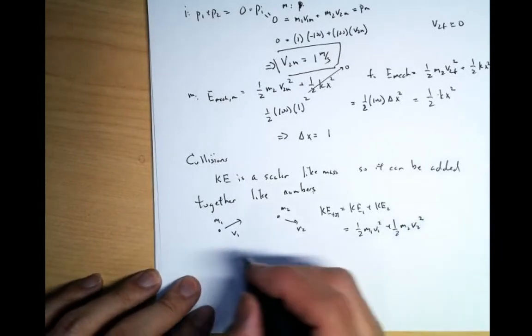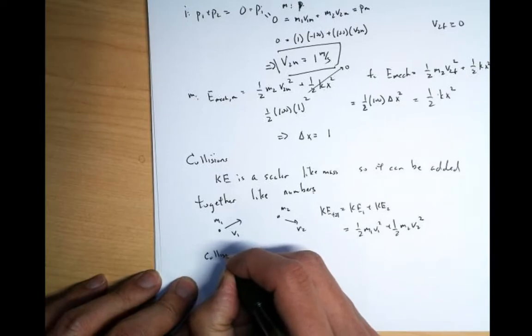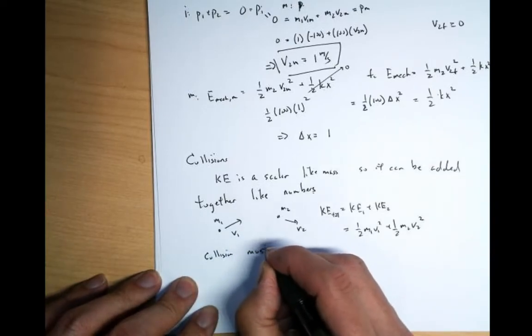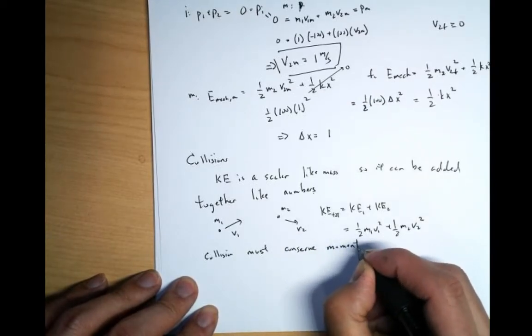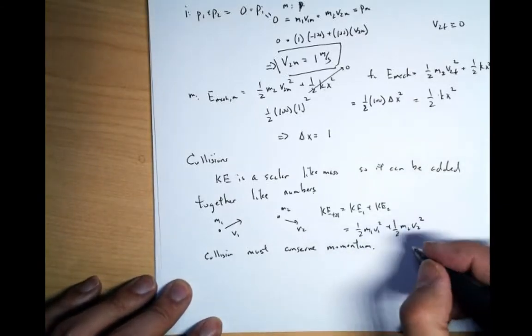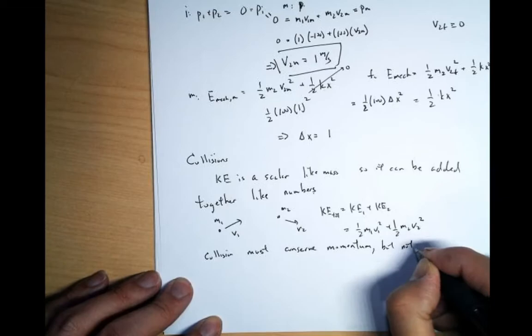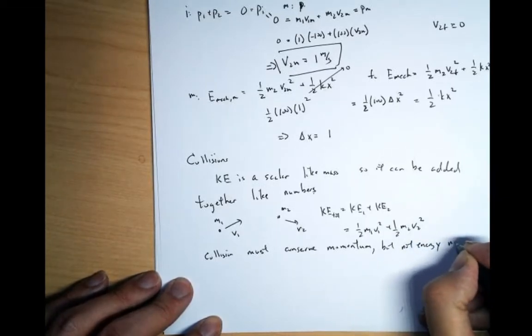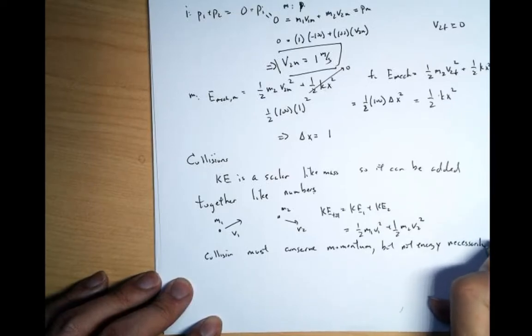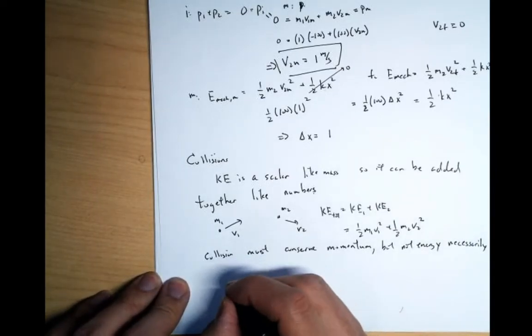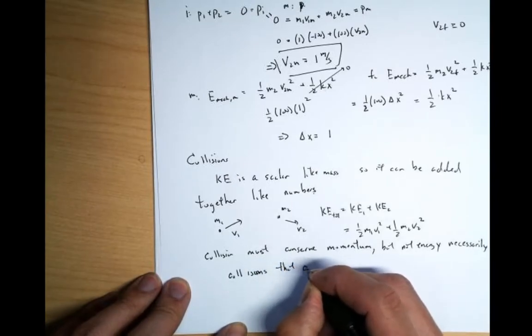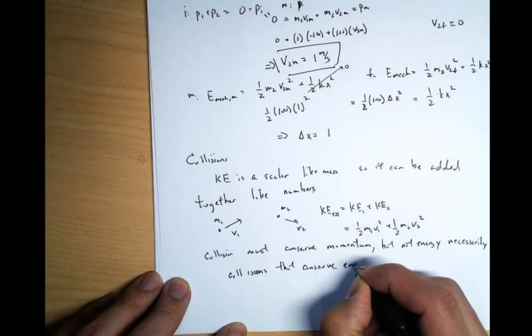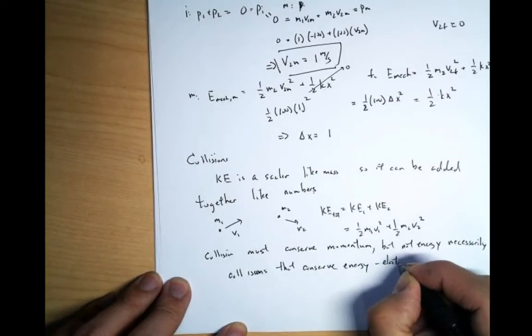All right. Now collisions must conserve momentum. Okay, but not energy, not necessarily. So collisions that conserve energy are called elastic collisions.